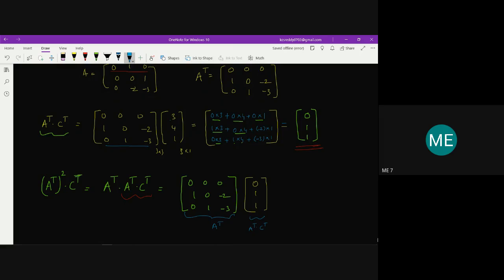Put together, I get A transpose whole square into C transpose. Here this is a 3 by 3 matrix and this is a 3 by 1 matrix, so the resultant will be 3 by 1.